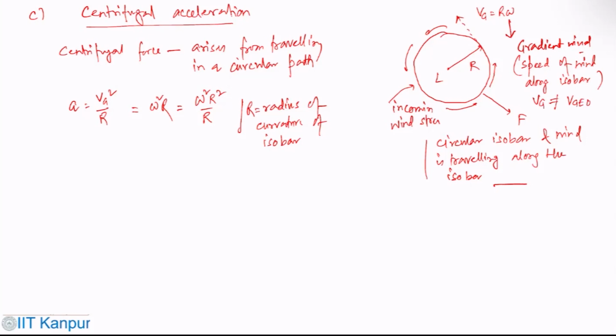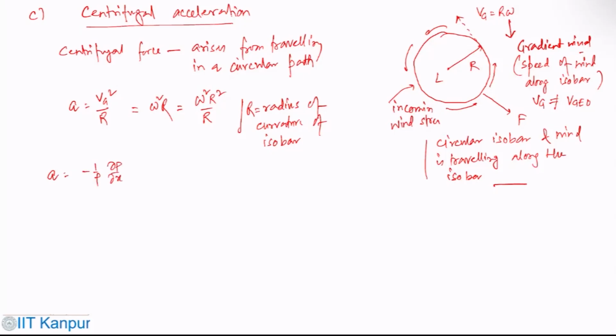Okay, but this is still parallel to the isobar. So what we can do now is calculate the acceleration, which is minus 1 by rho del p by del x.